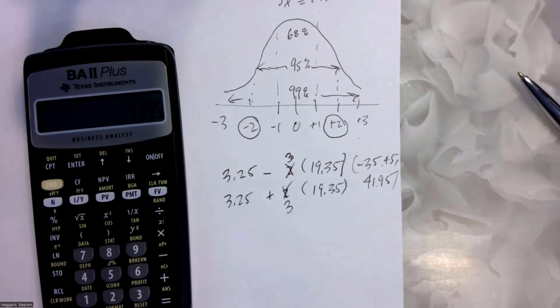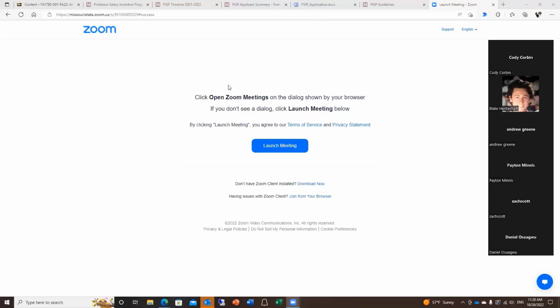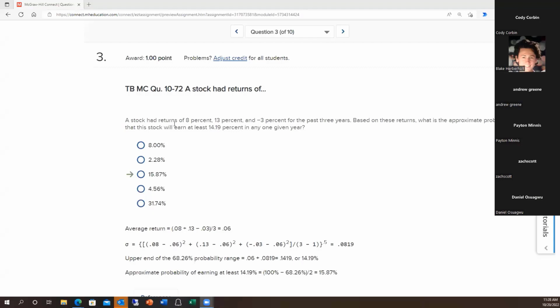Okay, so it says a stock had returns of 8%, 13%, and negative 3% for the past 3 years.